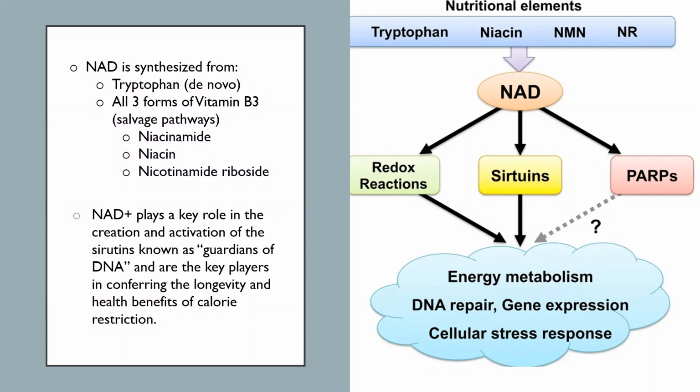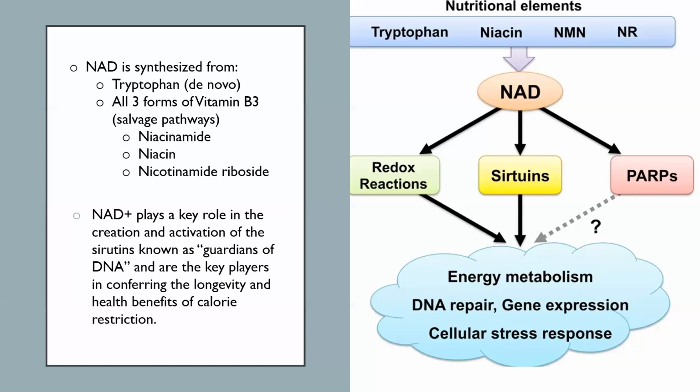The other way the body can manufacture NAD is through the salvage pathway, utilizing the three forms of vitamin B3, which are niacinamide, niacin, and nicotinamide riboside. The body can use all of those to produce NAD through the salvage pathway, but to make fresh, brand new NAD, it needs tryptophan.